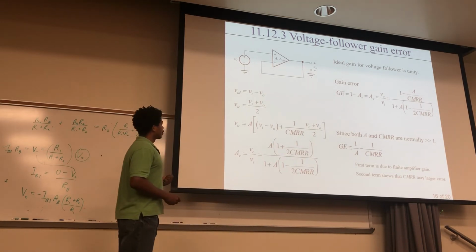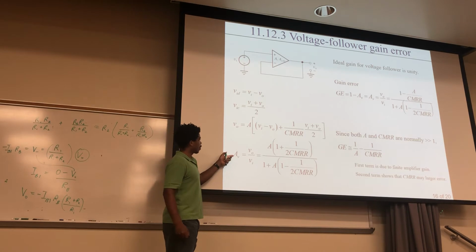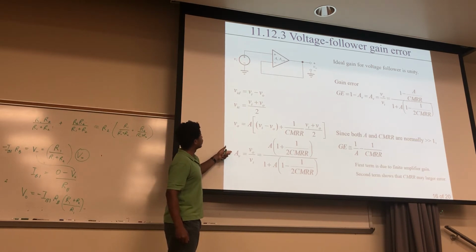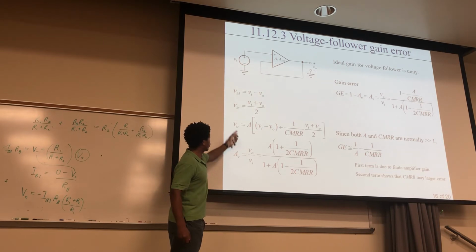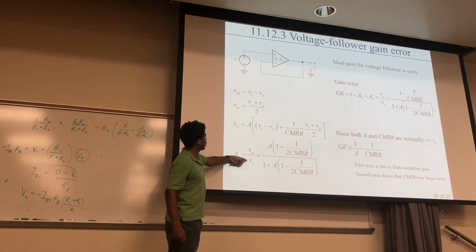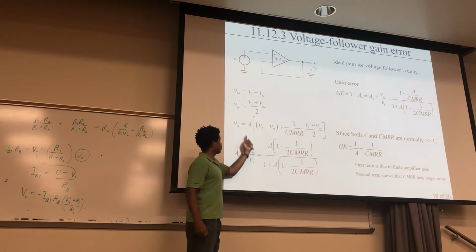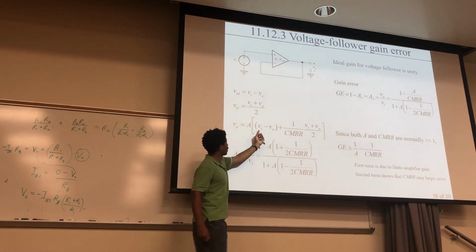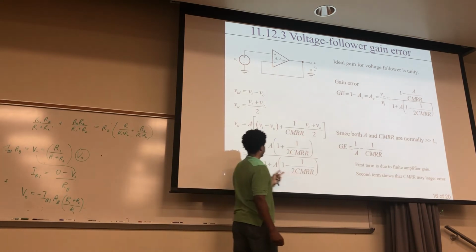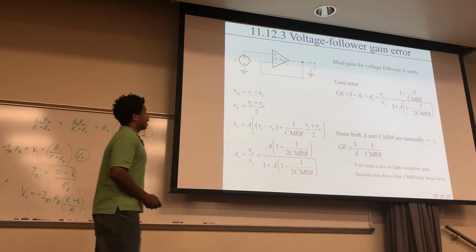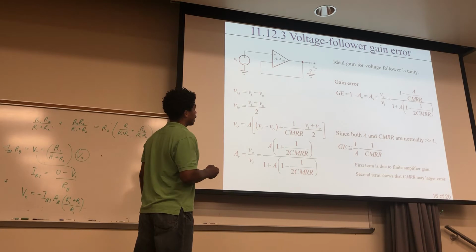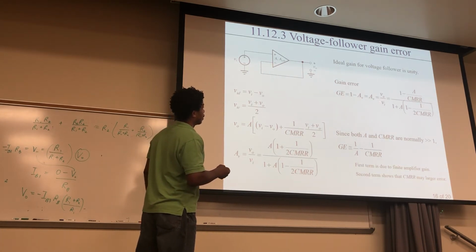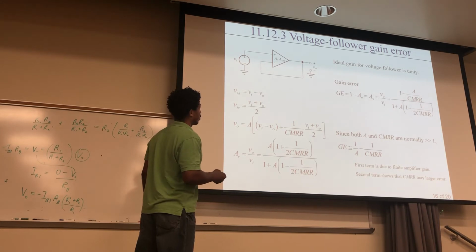Okay. So the gain of the whole thing is V out over V in. Here's V out right here, and so you're just going to divide this whole thing by this VI here and here. This is what you get right here. And so if you're trying to calculate gain error, it's just 1 minus that ratio right here, and so this is what you're getting right here.